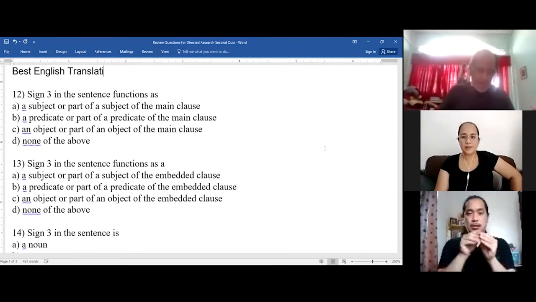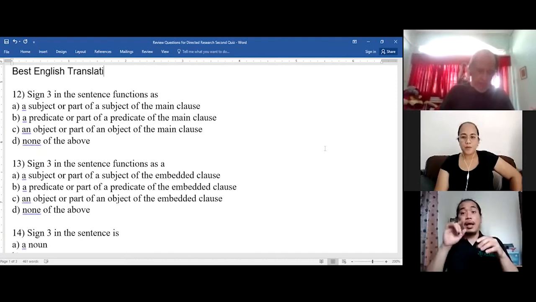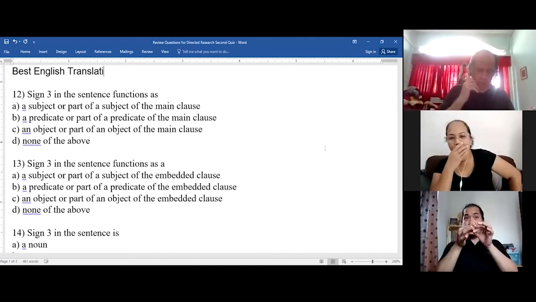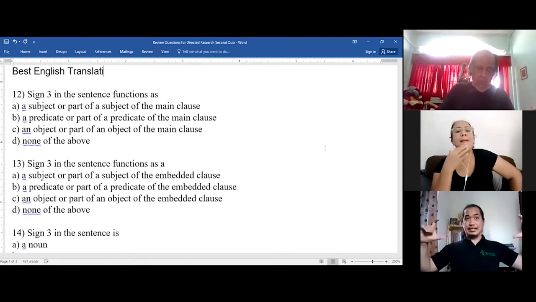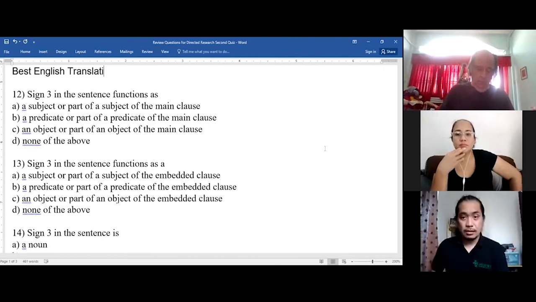Remember from the previous example, 4, 16 together. So remember that we're talking about the main clause, right? When we're doing the whole thing.